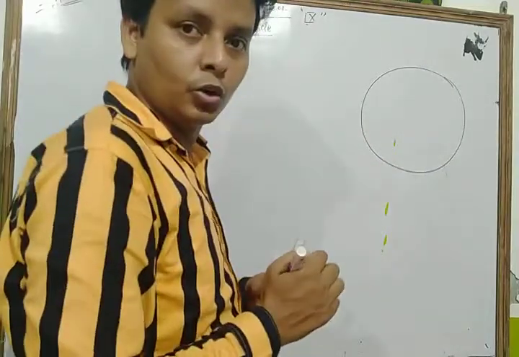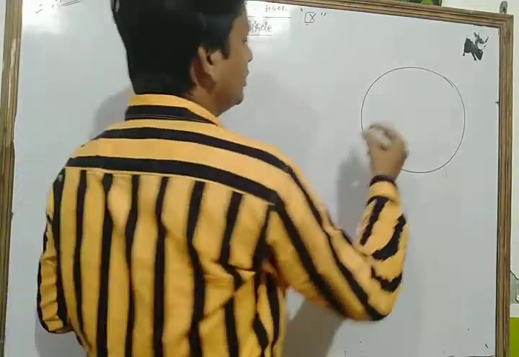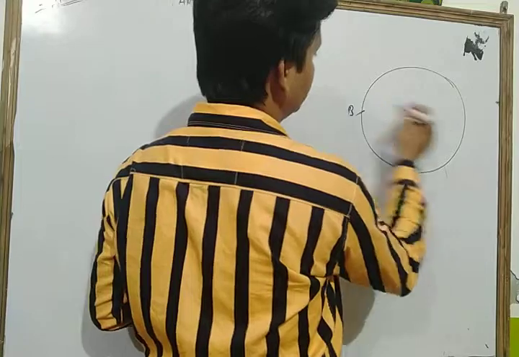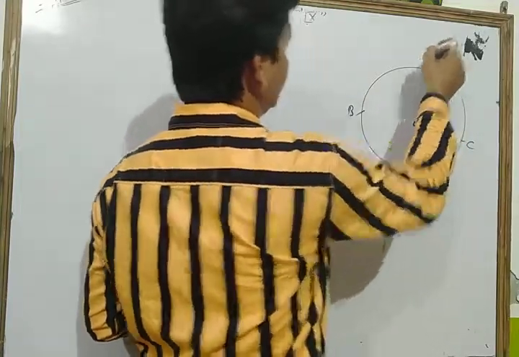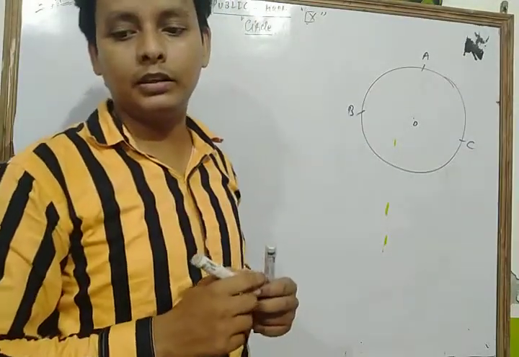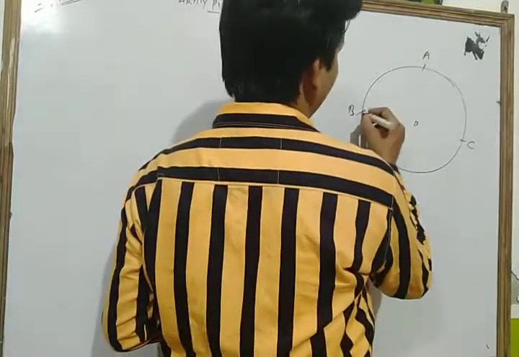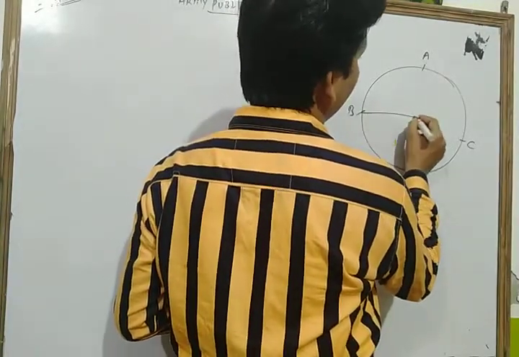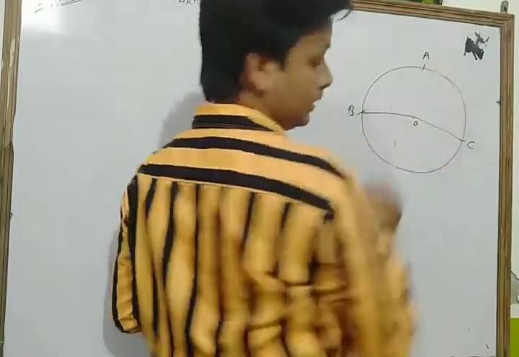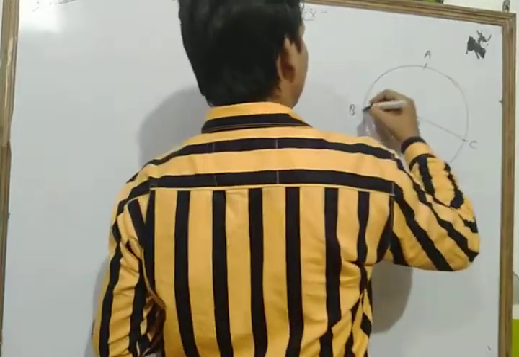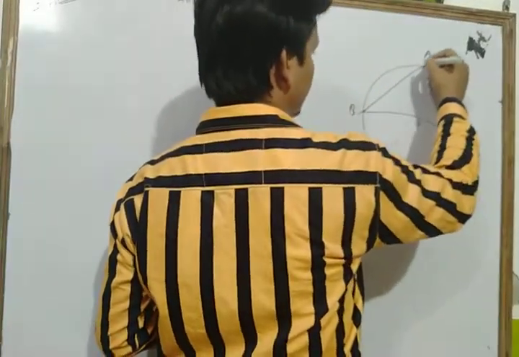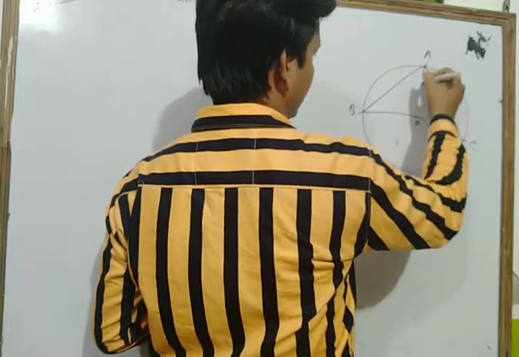this is a circle with center O. Here take A, B and C as points on the circle, and we join OB and OC and AB and AC.